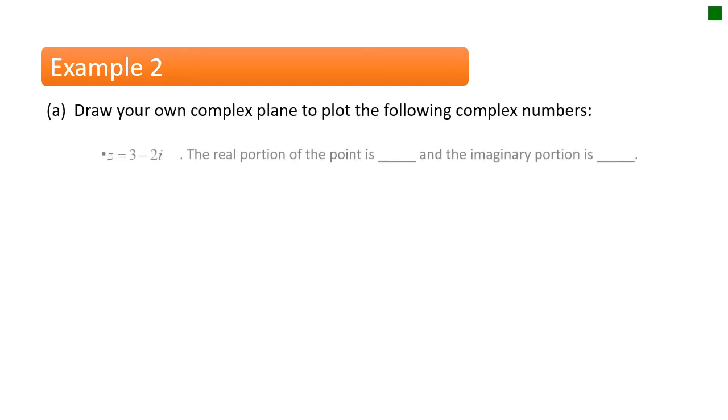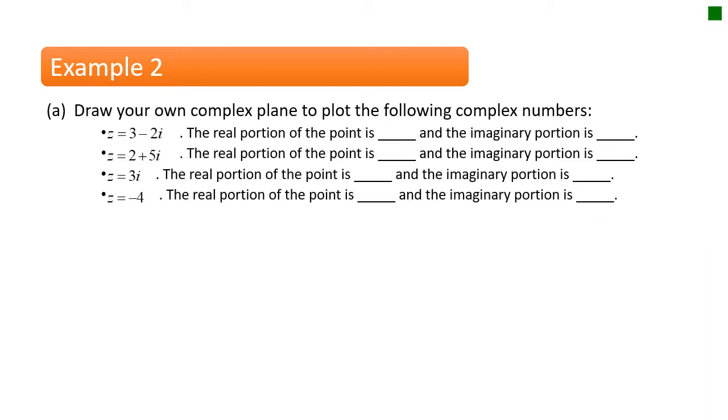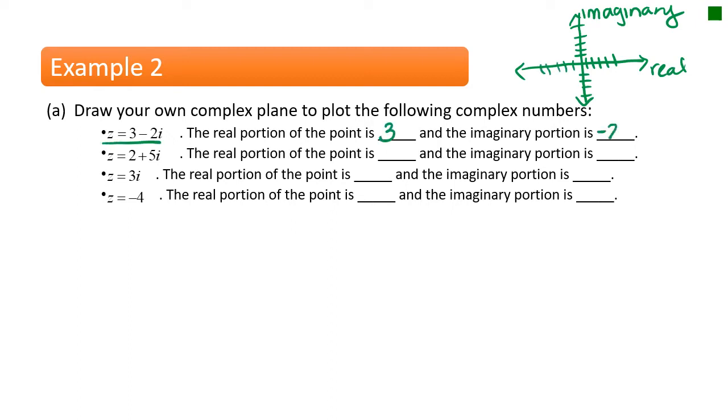Okay, so let's do a couple examples. If we had to graph these complex numbers, we would first create a complex plane. So there's the real, and then this is called the imaginary. My scale is terrible. If we were looking at this point, the real part is 3, the imaginary part is -2.